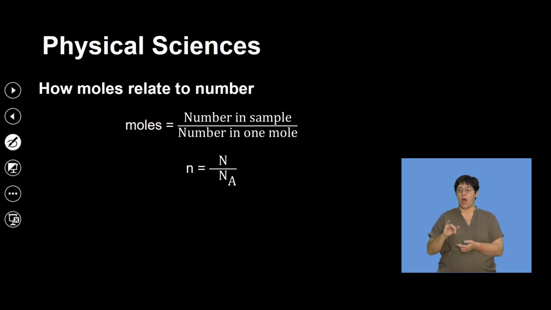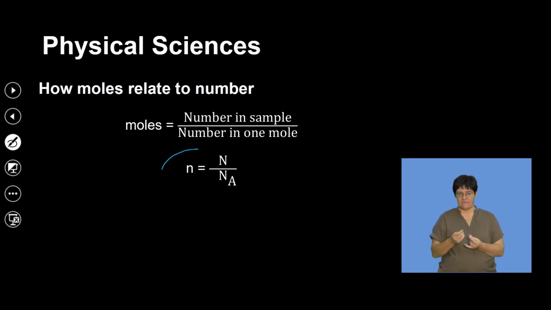So how do moles relate to number? If we are given the number of particles and we want to determine how many moles, we must know that for every mole there is an Avogadro number of particles.